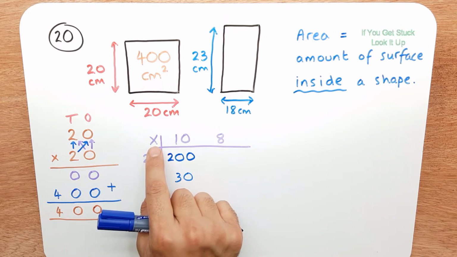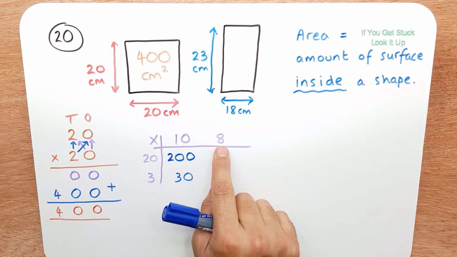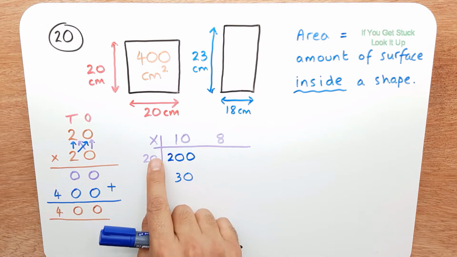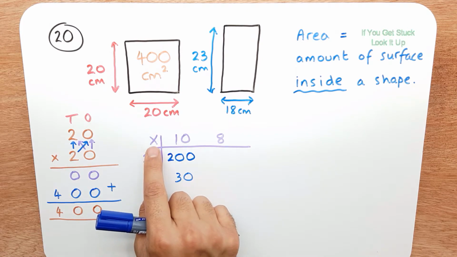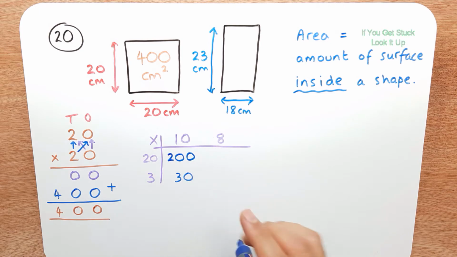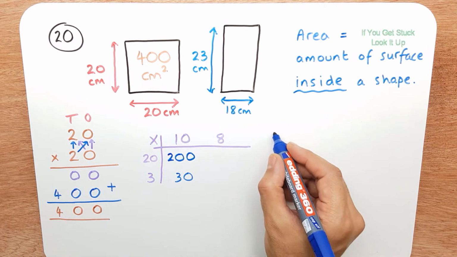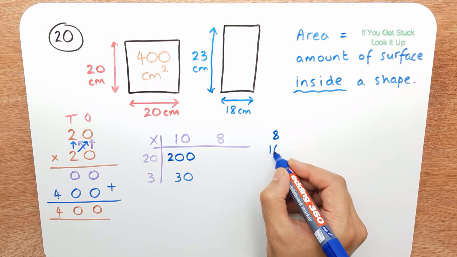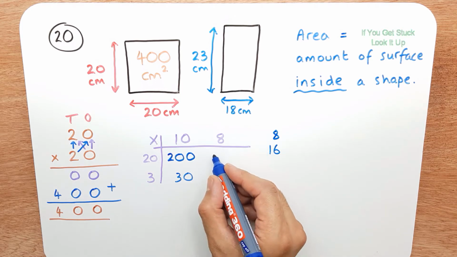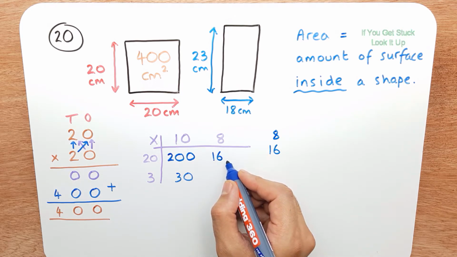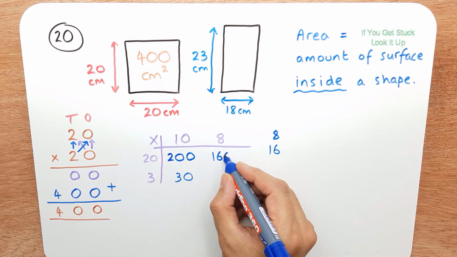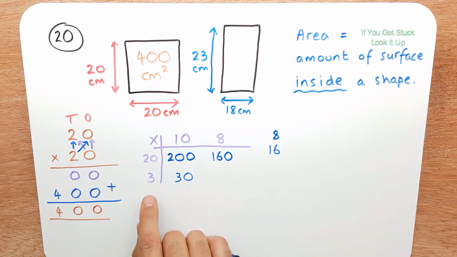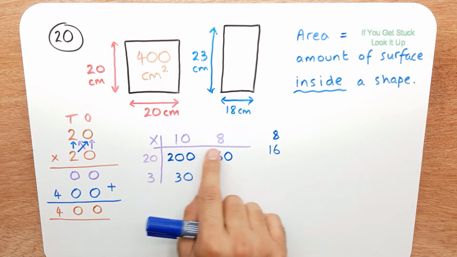20 times 8. So I'm going to hide this 0 and I'm going to do 2 times 8. And I know my 8 times table. So it's 8, 16. So I'm going to put 16 down. And then I simply bring this 0 back. And finally I have 3 times 8.